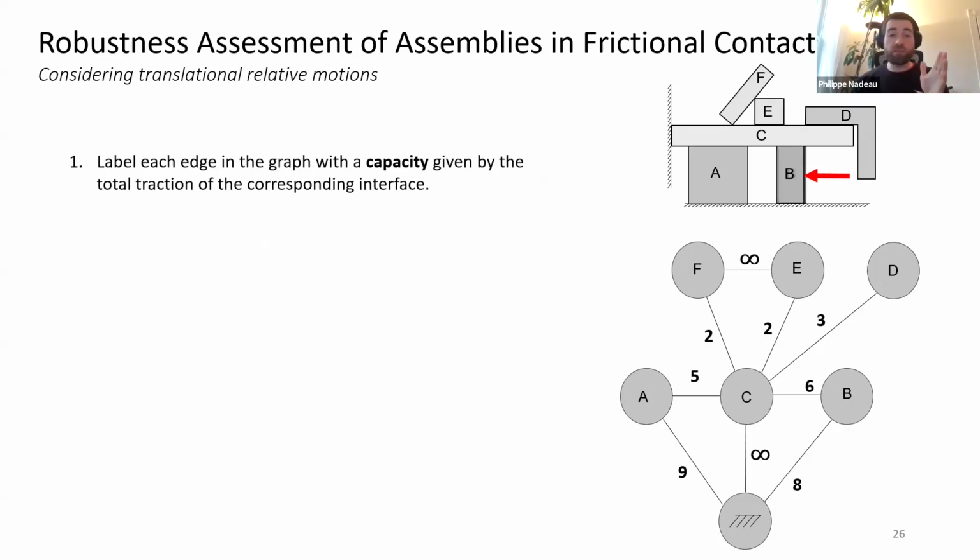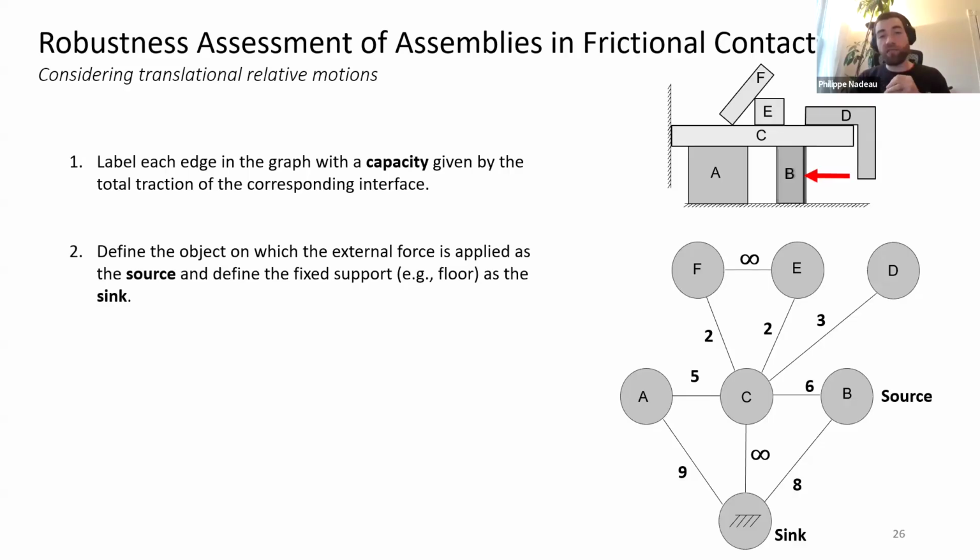So to do so, we first assign to each edge of the contact interface graph a capacity corresponding to the total traction of the corresponding interface. We then designate the object on which the force is applied as the source and the fixed support, like the wall or the floor, as the sink.